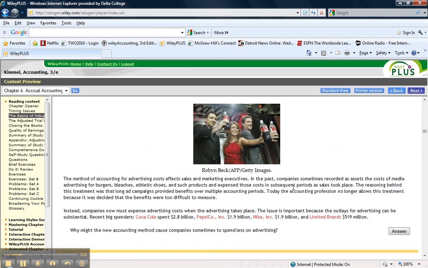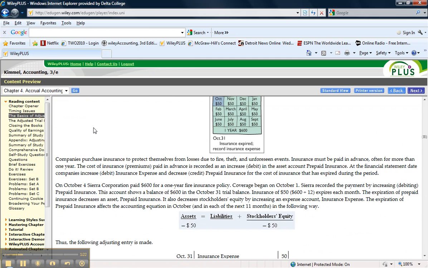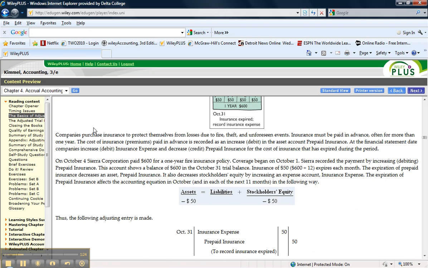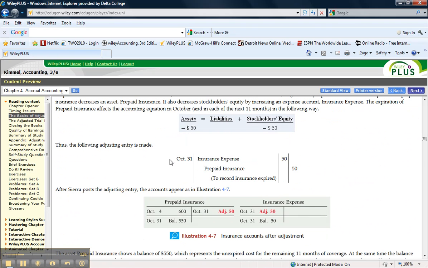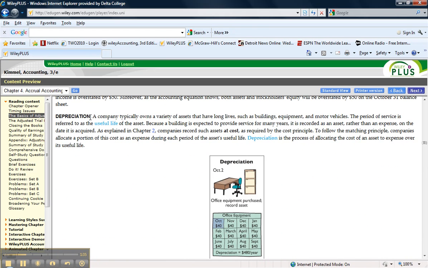We don't have that amount of assets anymore. And it continues on through with other types of prepayments as well. Insurance is a prepaid item, and that is going to require the same kind of prepayment adjusting entry where we record expenses as we use up the insurance. Depreciation, same category.